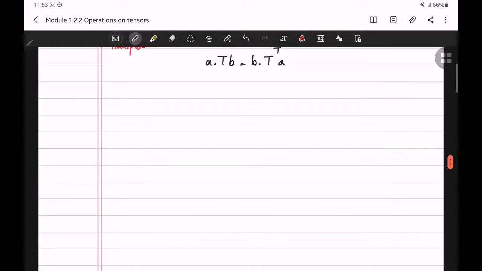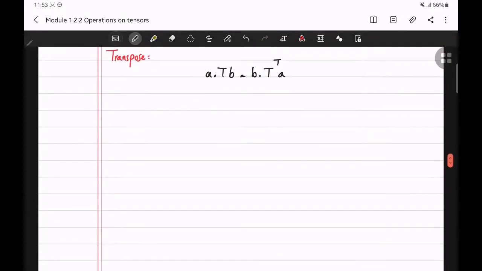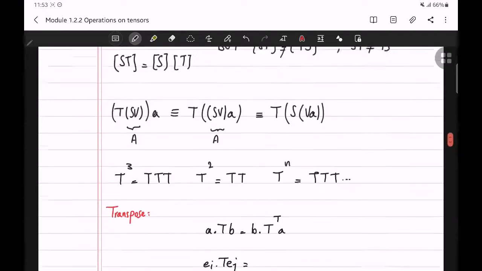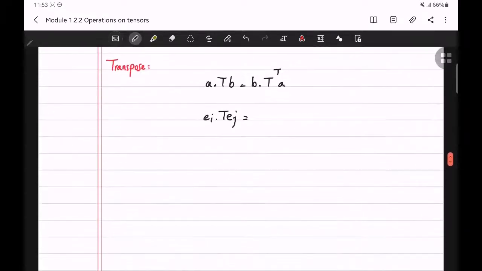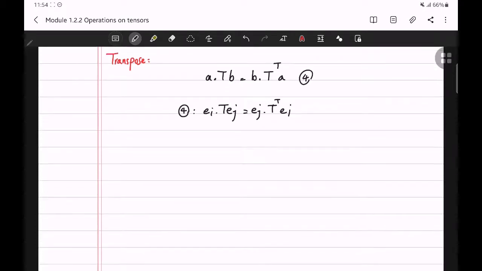Also, if we have, for example, ei · Tej, we define it according to this definition here. Let's say this is 1, 2, 3. According to 4, you can write ei · Tej is ej · Tᵀei.